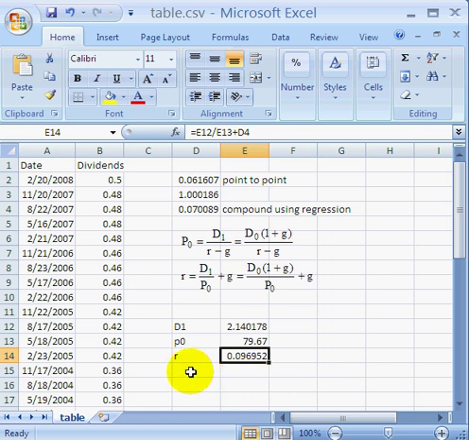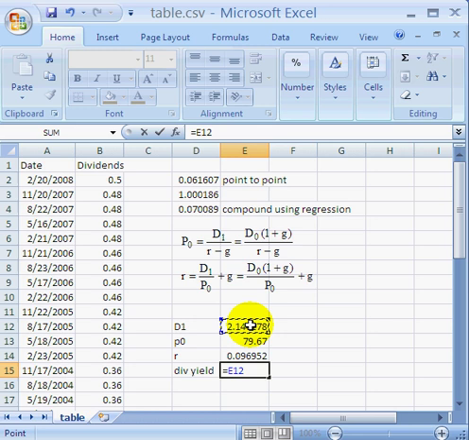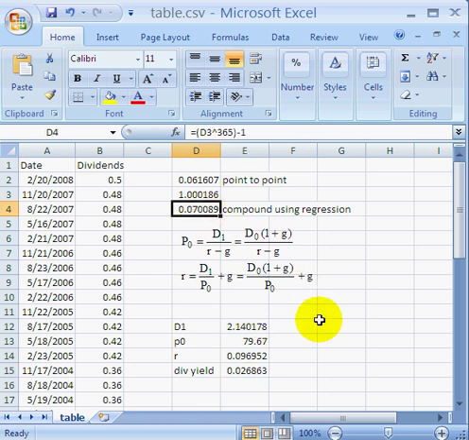If you notice, let's figure out the dividend yield. That would be D1 over the price. So we have a dividend yield of about 2.6%. We have a growth rate of about 7%, and the sum of those gives us a required rate of return of about 9.6%.